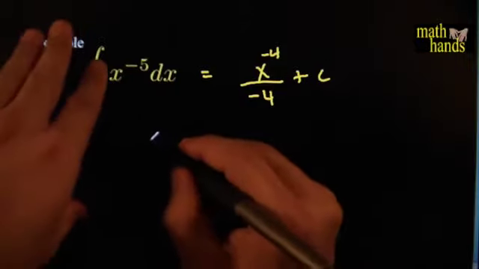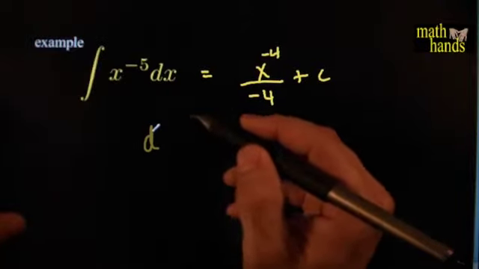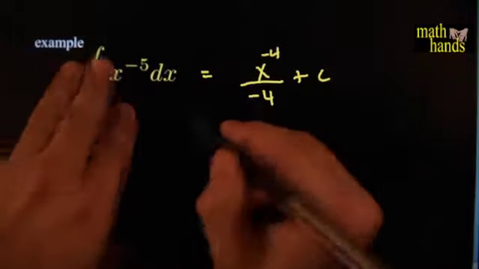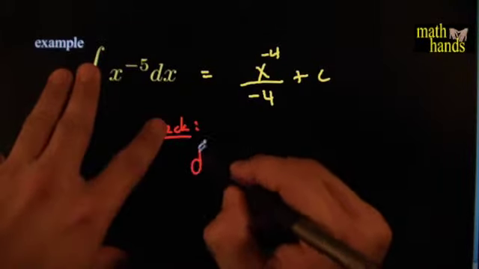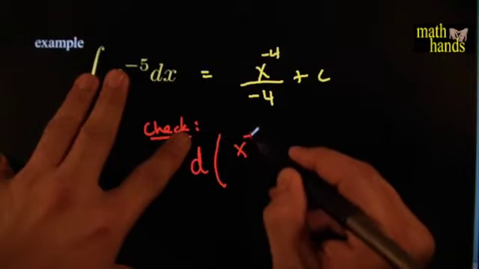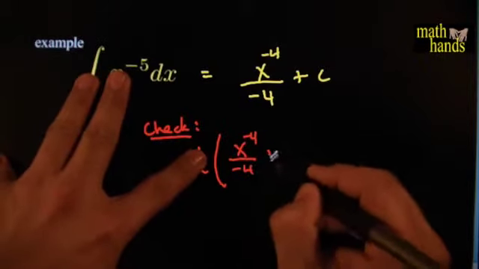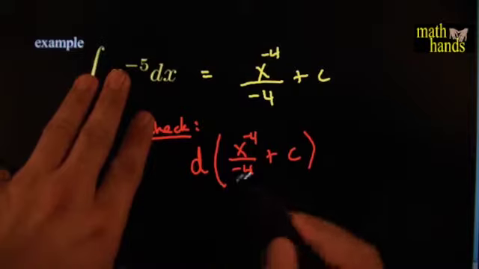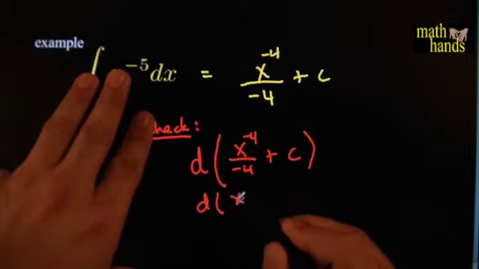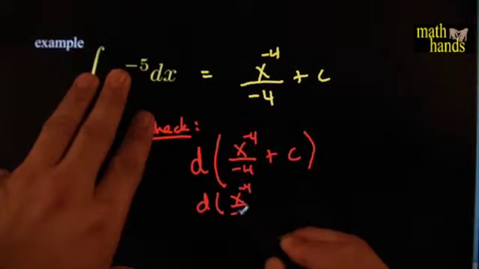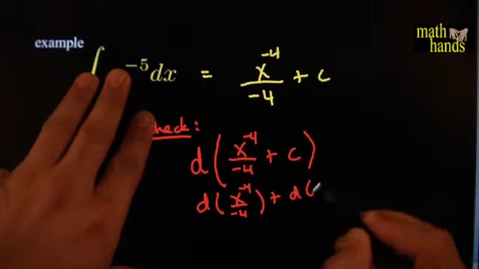And it's easy to check here. We'll do a little check here. Let's do the check in red. On every one of these, you can easily do a check. You take the differential of x to the negative 4 all over negative 4 plus c. Well, that would be the differential of the product, so you do the sum: negative 4 over negative 4 plus the differential of the constant.